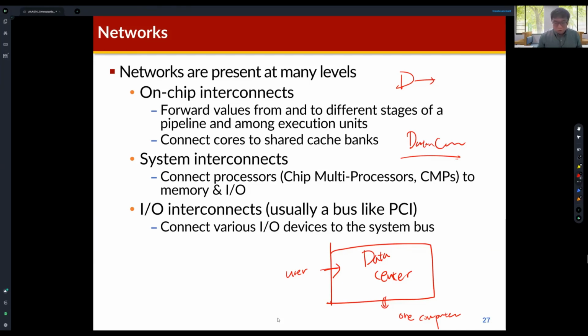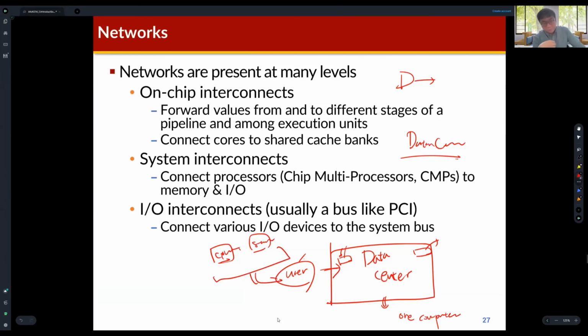So to the users, their data can be located in certain server systems with network attached storages, but the user does not know about that. The user just accesses their data. So it looks like there's a CPU and then the storage. That is the user's perspective for the data center.